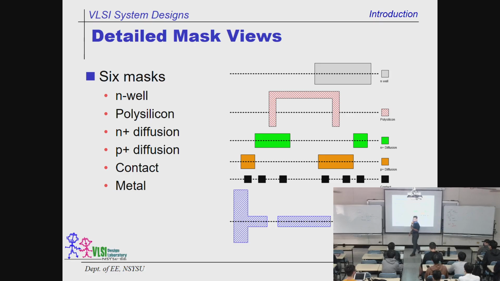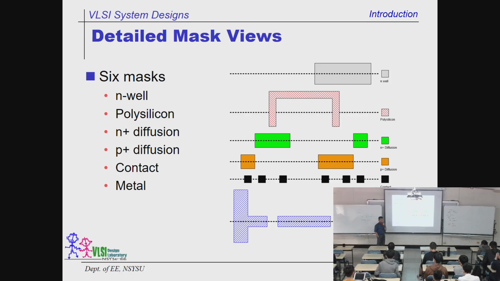You might be curious, what is the number of masks we need to fabricate a complicated IC design? About 10 years ago, I was invited by one of the top IC design houses to design the buffers. Buffer is a simple one, which are the paths around the chip.